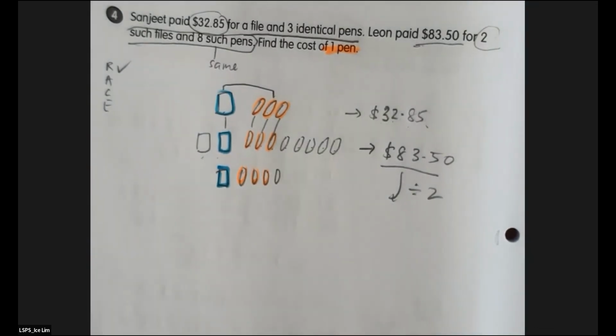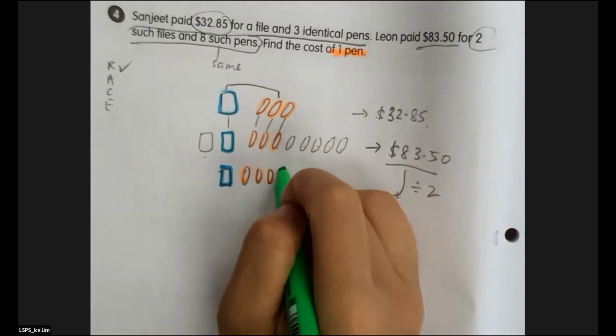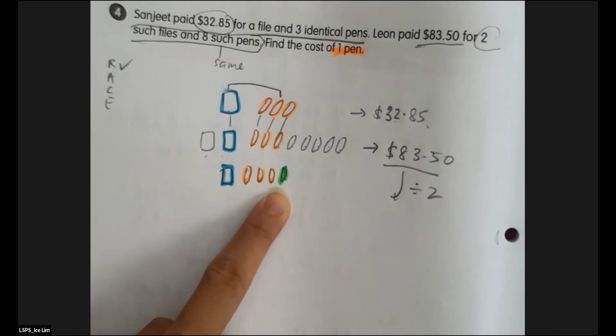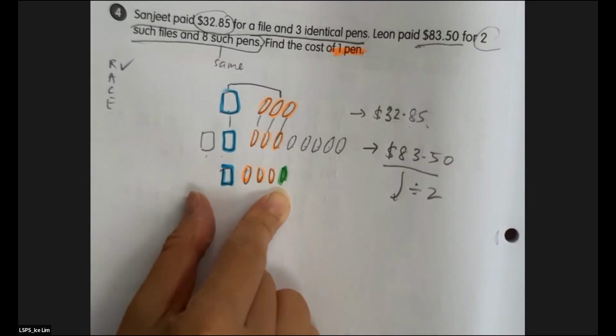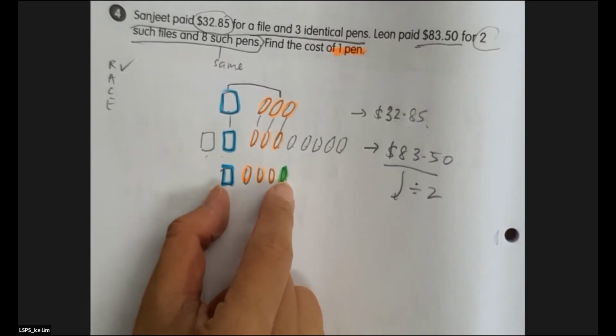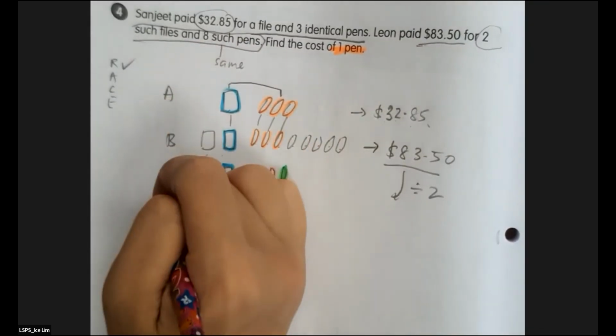Yes. Can you see now? Can you see the green color is popping up now? And I will compare this with, so I have set A, set B, and now set C.